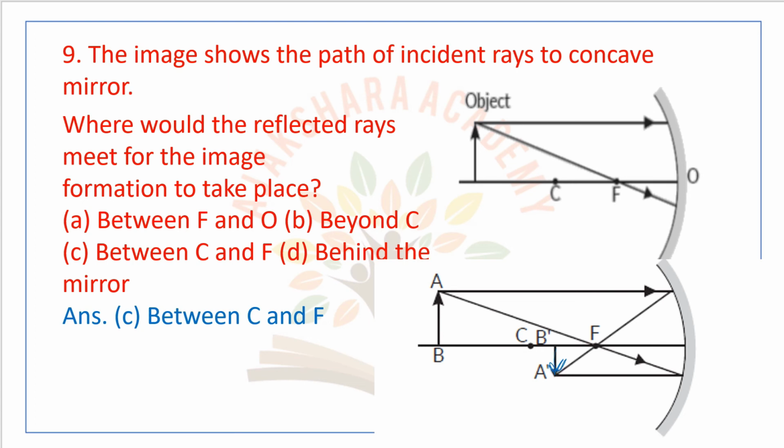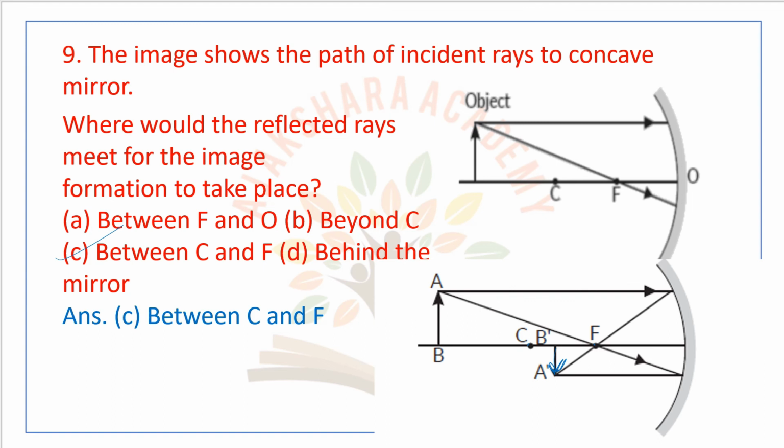So the image is formed between C and F. So when the object is placed beyond C, the image is formed between C and F. The reflected rays meet at this point, which is in between C and F, the center of curvature and focus. Okay, the third option is correct.